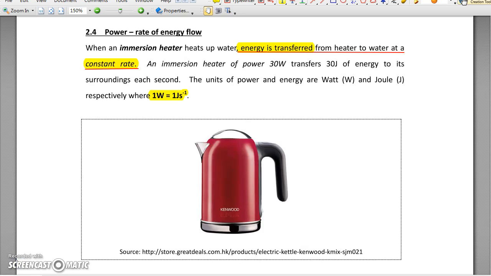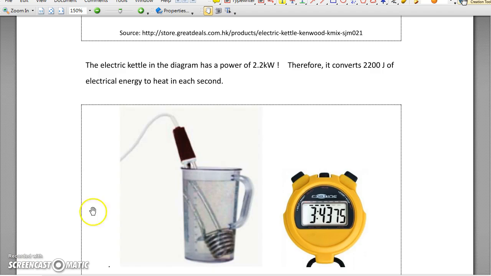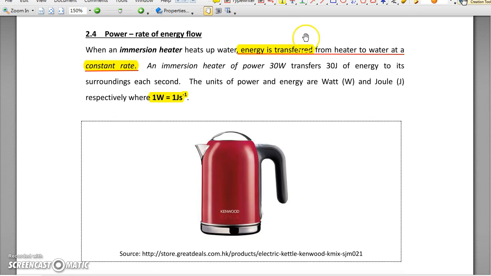This is the last part of the video. 2.4 Power. Rate of energy transfer. We may use an immersion heater to transfer heat from the heater to the water, and usually the energy is transferred at a constant rate, which means a constant amount of energy is transferred from the heater to the water.